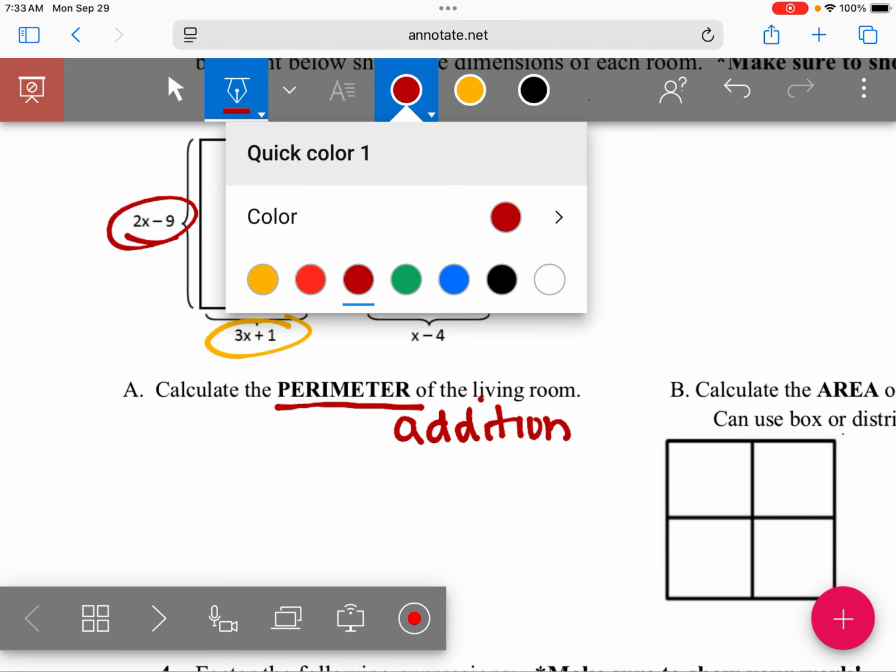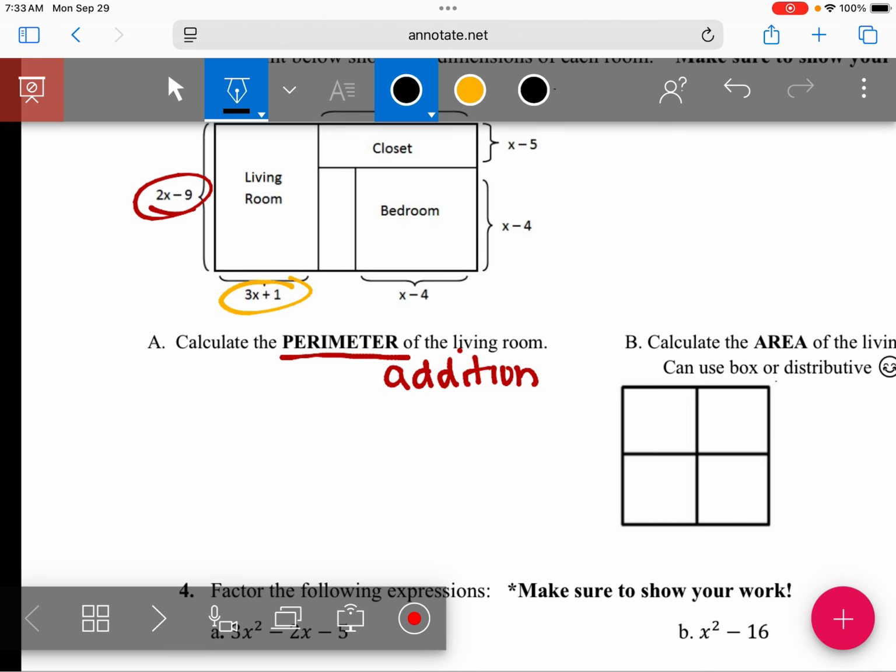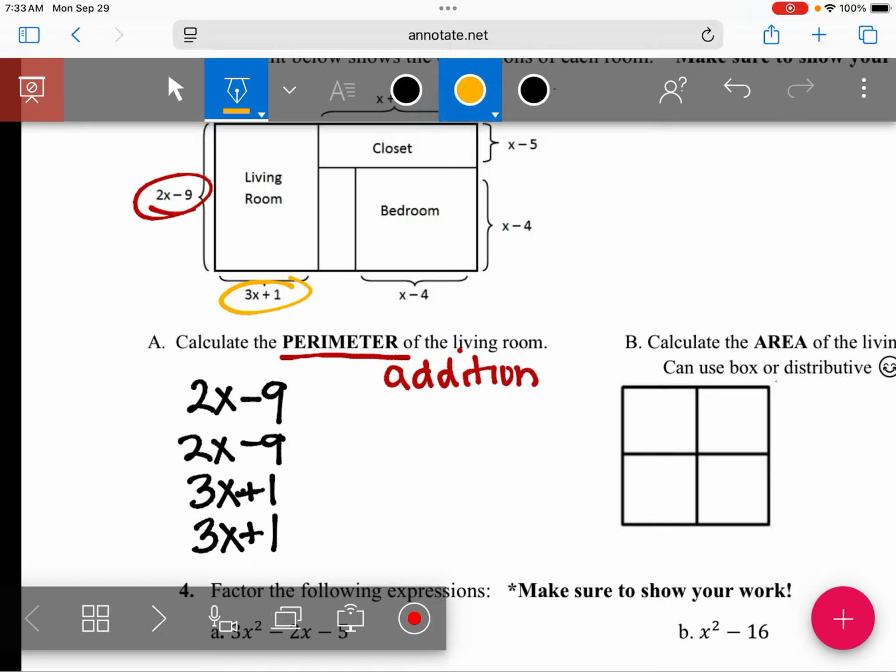So I'm just gonna stack them up. 2x minus 9, 2x minus 9, 3x plus 1, 3x plus 1. Go ahead and add, going straight down. With your calculator, you can add those up. Negative 9 plus negative 9 plus 1 plus 1. You should get negative 16.